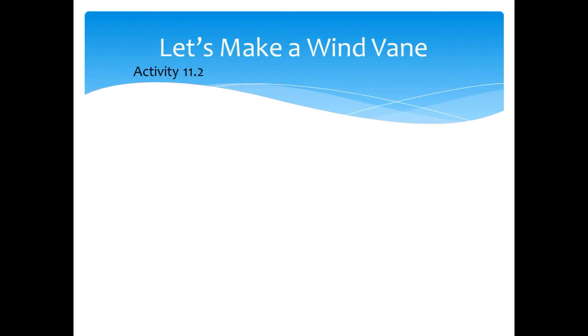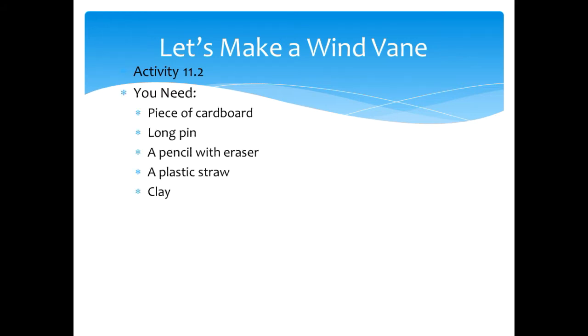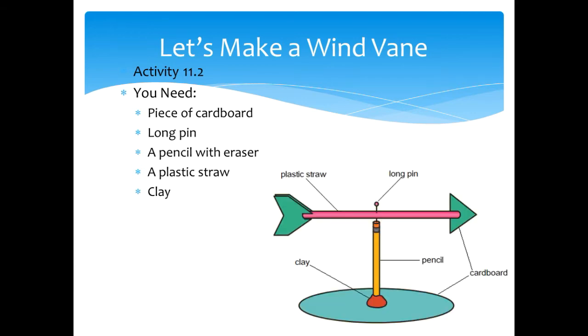Activity 11.2. You need a piece of cardboard, a long pin, a pencil with eraser, a plastic straw, and clay. Using these materials, you can prepare a simple wind vane. First, cut an arrowhead and the back of the arrow.